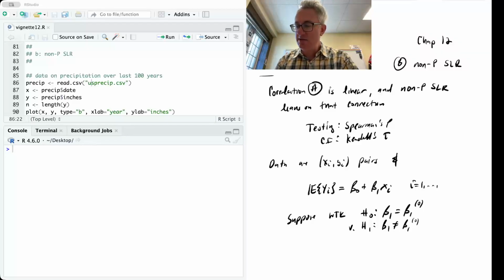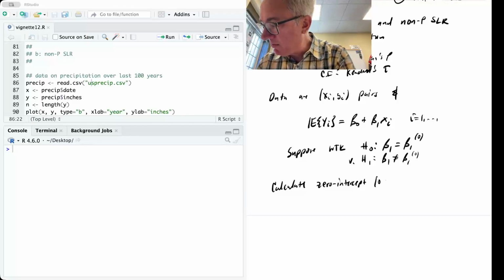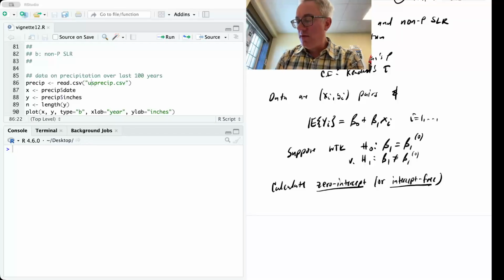How do we do that test? Well, calculate what are known as zero intercept, or sometimes intercept free, residuals. Those mean the same thing, but sometimes people use one word or the other.